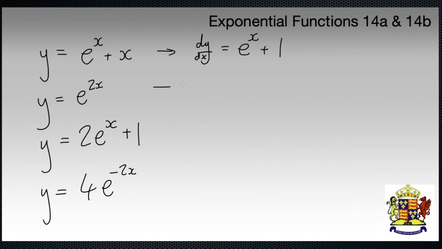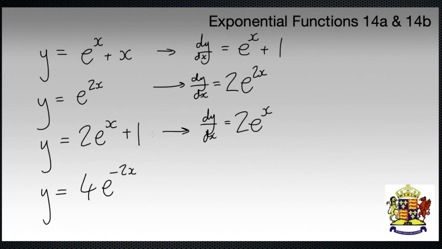This next one, e to the 2x, becomes e to the 2x, and then because I've got a function here, I differentiate that, which becomes 2, and I times it by 2. So 2e to the 2x. 2e to the x, well, this is going to stay the same, e to the x, and the 2 stays there. If I differentiate 1, that goes.